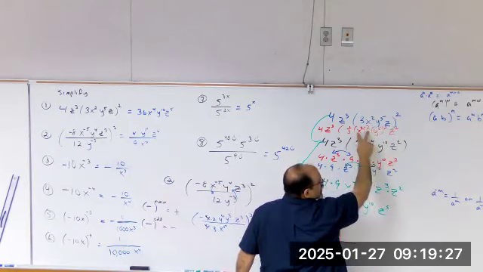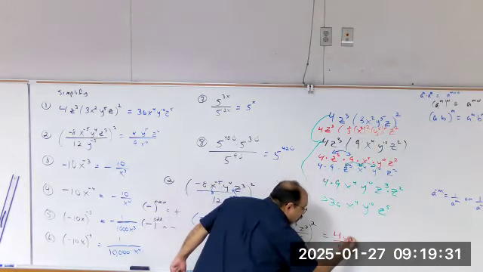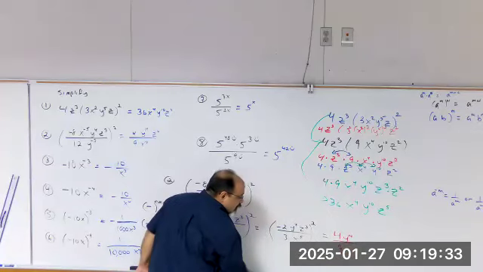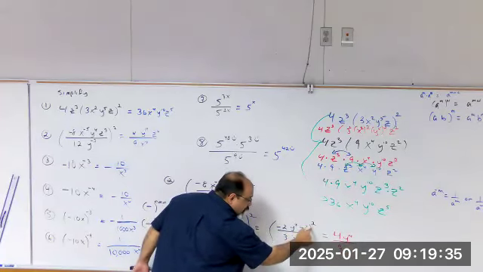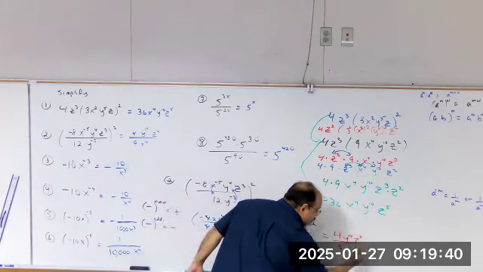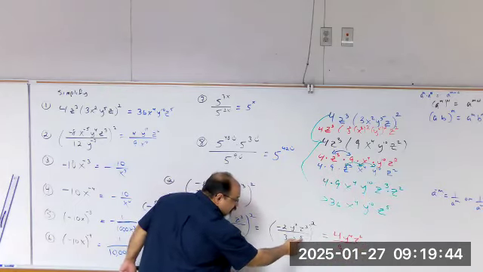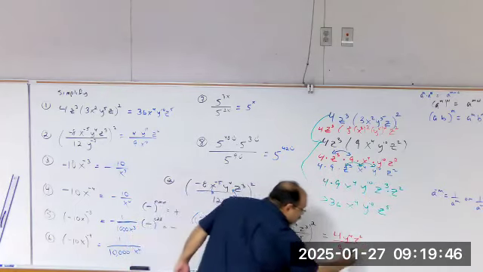That x squared got squared. So y to the 7th squared is y to the 14th. Z to the 3rd squared, multiply. 3 times 2, that's z to the 6th. In the denominator, x to the 5th squared, 5 times 2, that's x to the 10th.